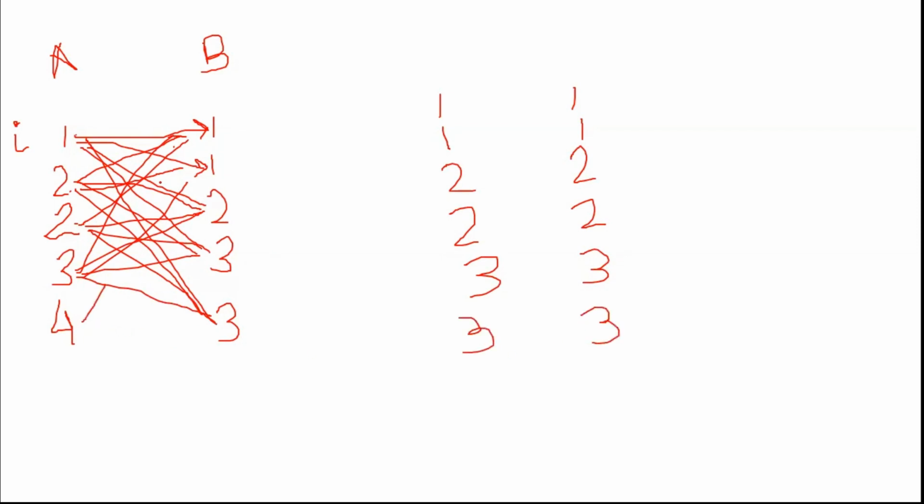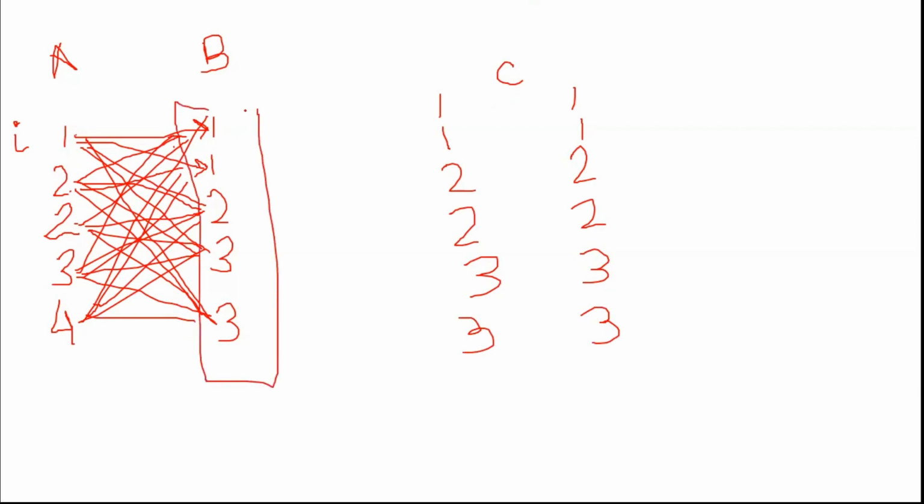Now it will calculate for 4. With 4, it will not find any common values. So this will be the result, table number C. You will say, sir, the table contains only 5 rows, but here we are getting 6 rows as a result.